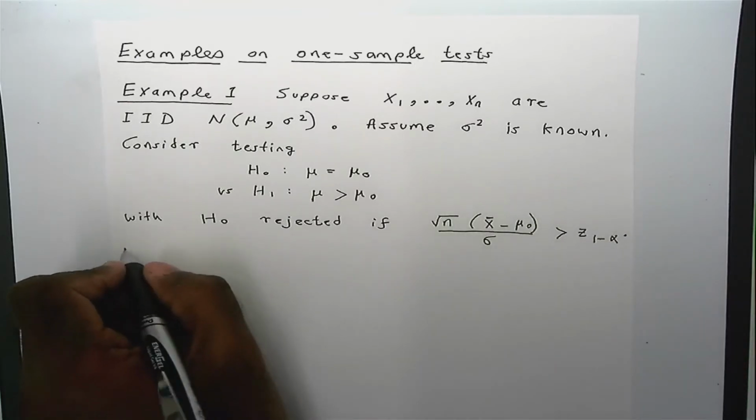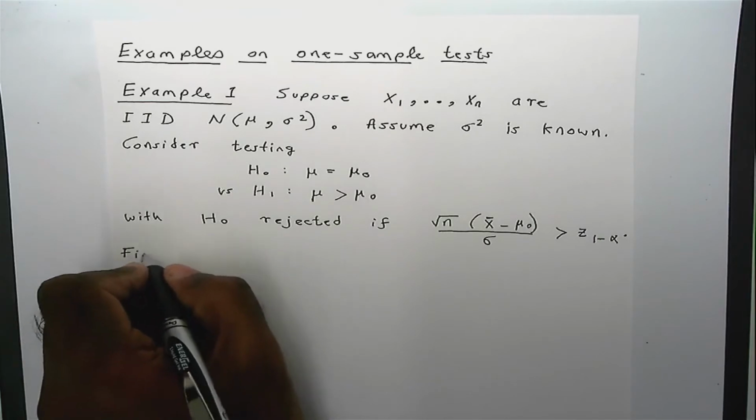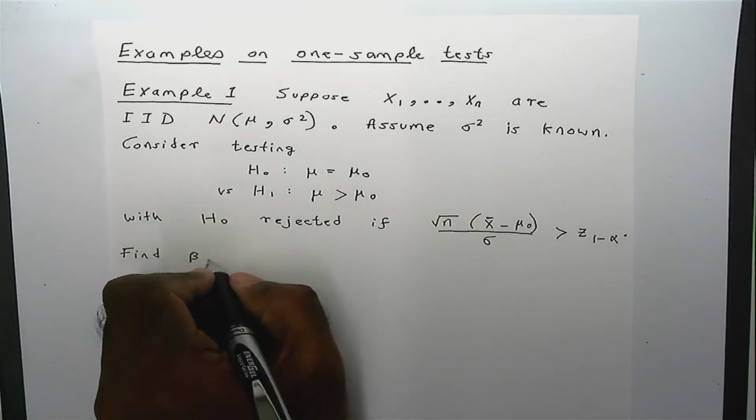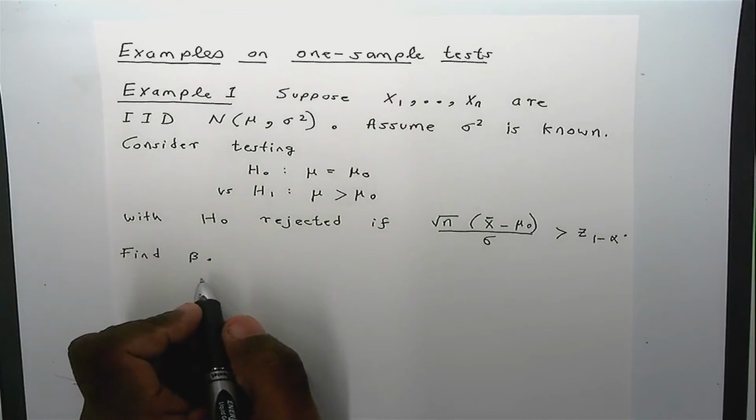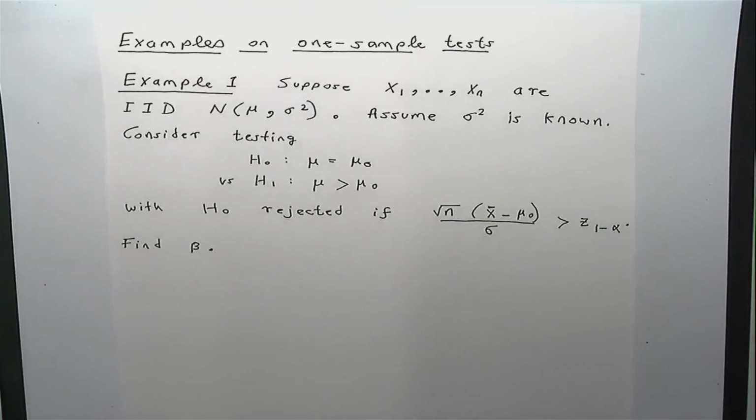And the question is to find beta. Remember, beta is the type 2 error probability.